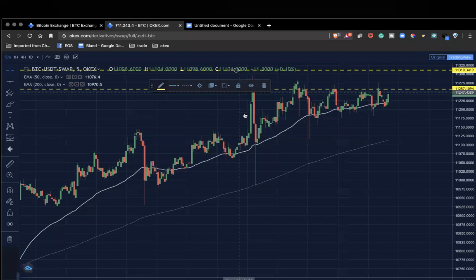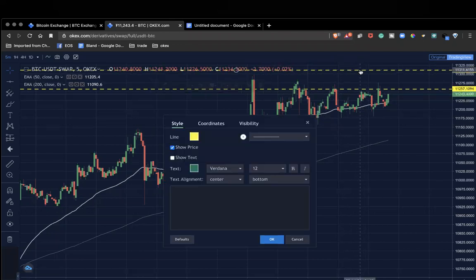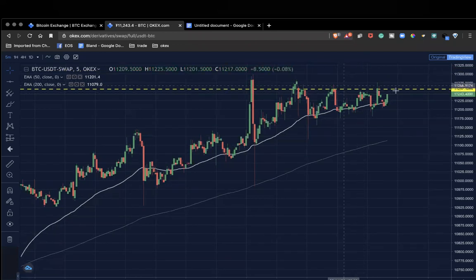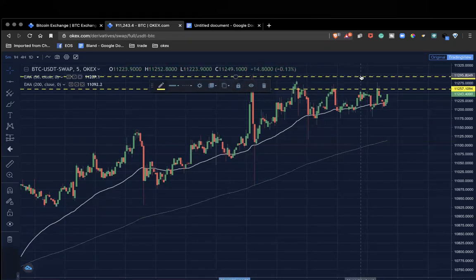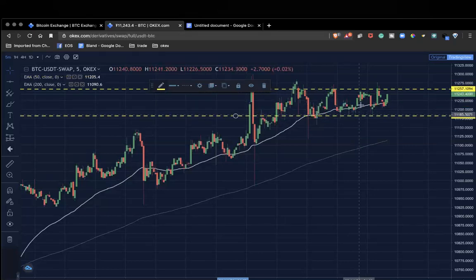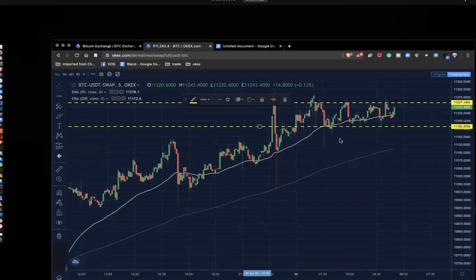The area of support is like the opposite of the area of resistance. That's where, when price gets to it, it doesn't go below that point. Let me clone this line. So this is an area of support because when price gets there, it bounces.